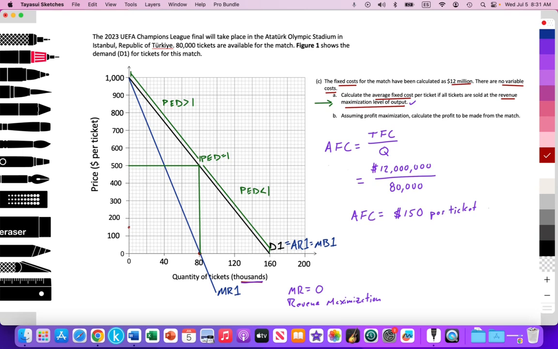There's $150 of costs on average regarding the fixed costs, but we'll save that for part B. So that's it. Look for the link to the next video. We'll tackle part B, and in the next video, we're going to talk about profit maximization and revenue maximization in the absence of variable costs, and then we'll lead to answering this part B question.